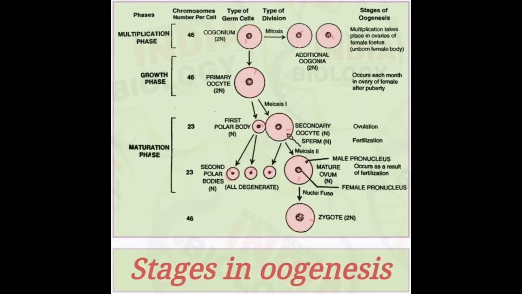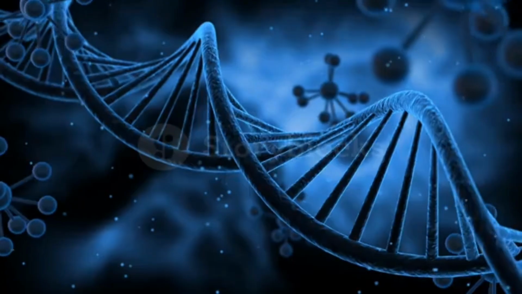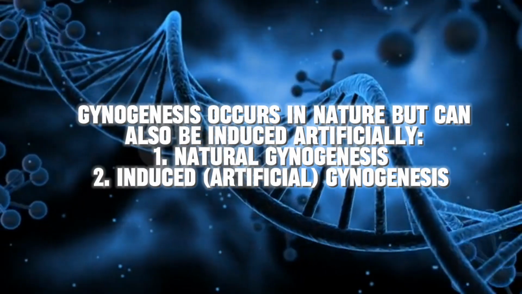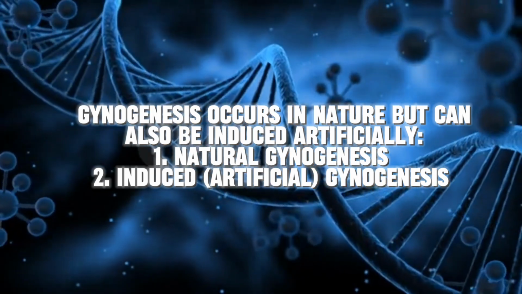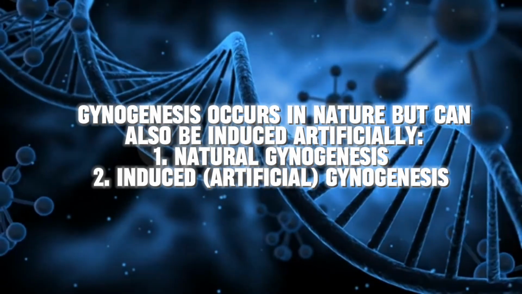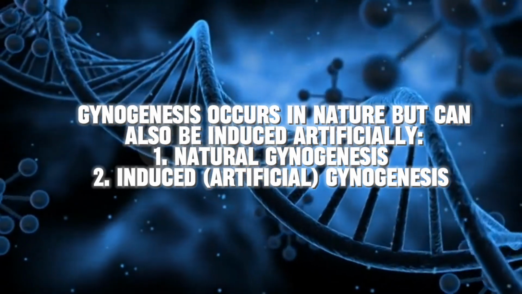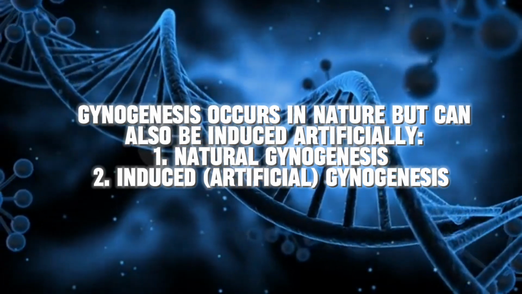So here are the stages in gynogenesis. Gynogenesis occurs in nature but can also be induced artificially. First, natural gynogenesis, and second, induced artificial gynogenesis.